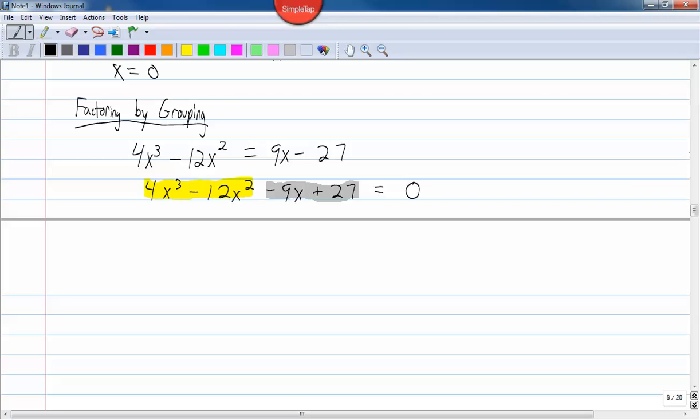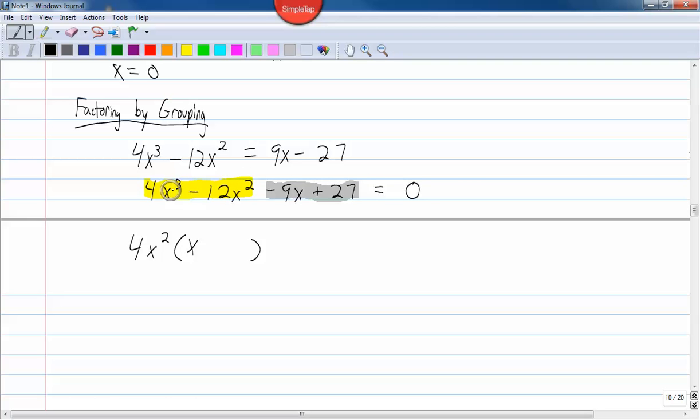Now take and factor the greatest common factor out of these 2 terms. So you can factor a 4 out of these 2 terms, and you can factor an x squared out of these 2 terms. So I'm going to factor a 4x squared just out of those 2 terms. Let's see what that leaves me with.